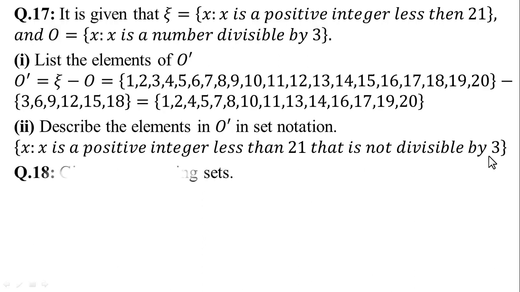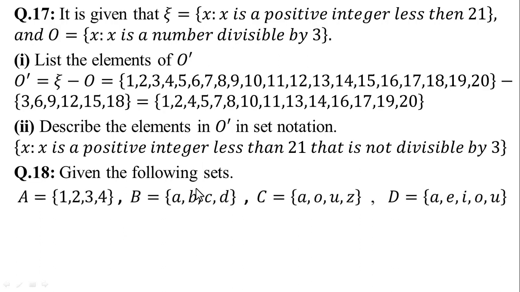Now in question number 18, given the following sets. In set A, the elements are 1, 2, 3, 4. In B, the elements are a, b, c, d. In C, the elements are a, o, u, z. In D, the elements are a, e, i, o, u.